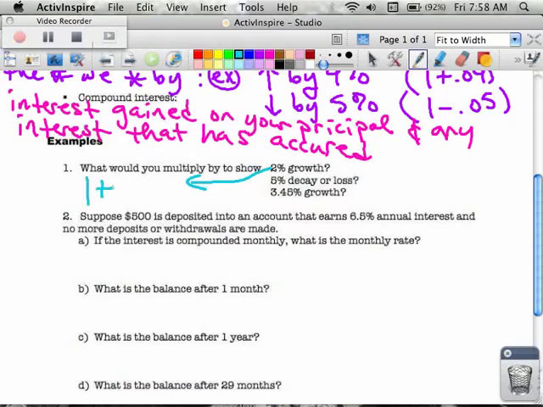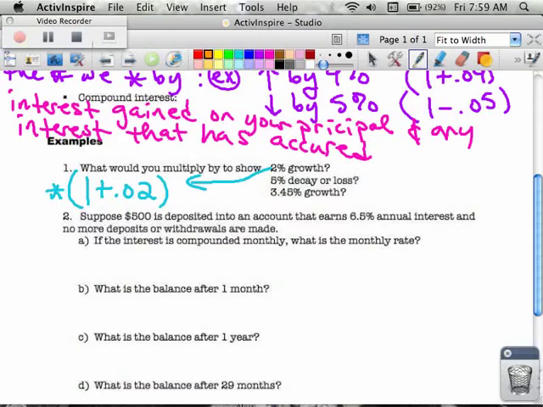Good job. I would multiply by 1 plus 0.02. Why? Because if I'm growing, that means I'm adding on something, and 2% is written as a decimal as 0.02. The 1 is representing the 100% that you start with, and then the addition of the 2% comes afterwards.